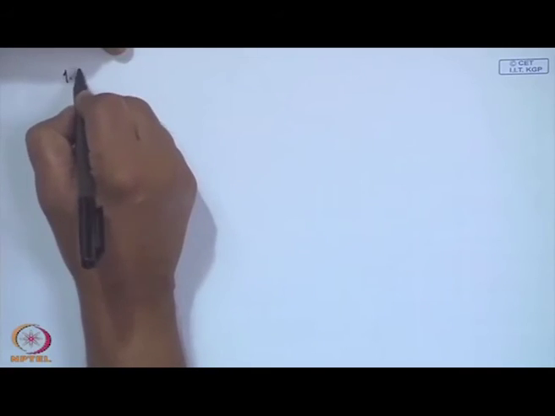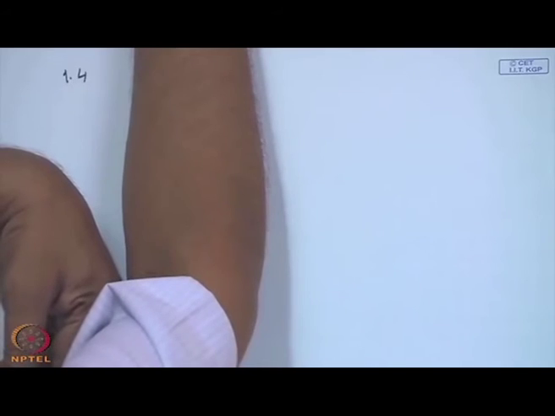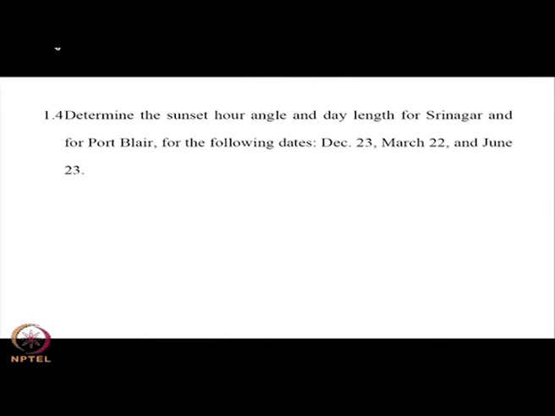So, let us go to the next example, that is 1.4. Yes. So, determine the sunset hour angle and day length for Srinagar and for Port Blair for the following dates: December 23, March 22nd and June 23rd. This problem has been chosen among the data that we have got.